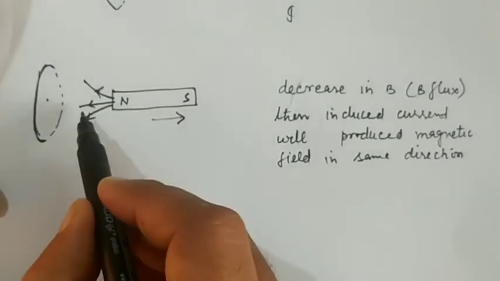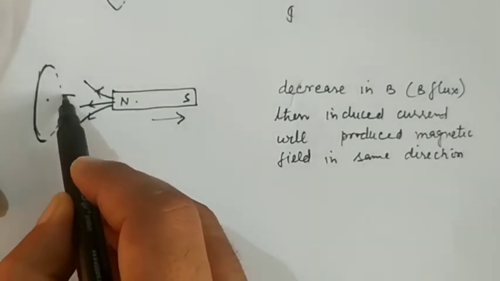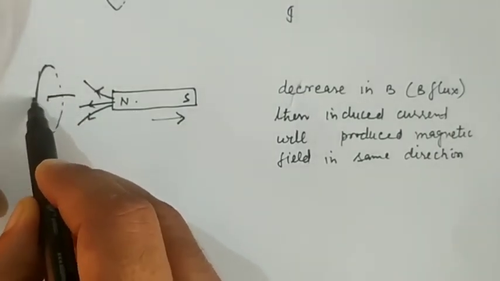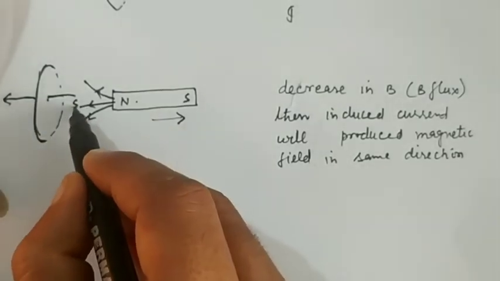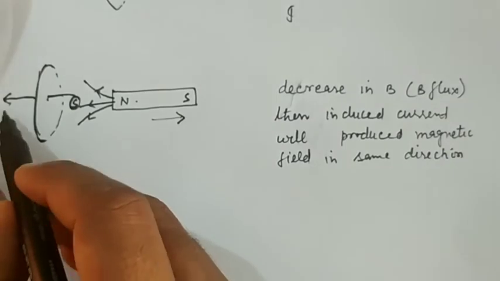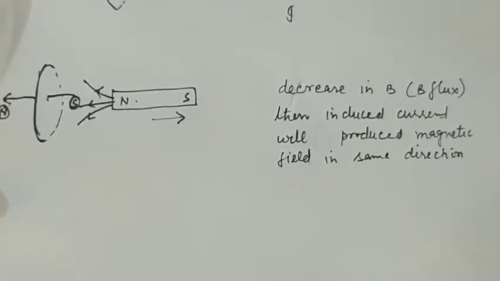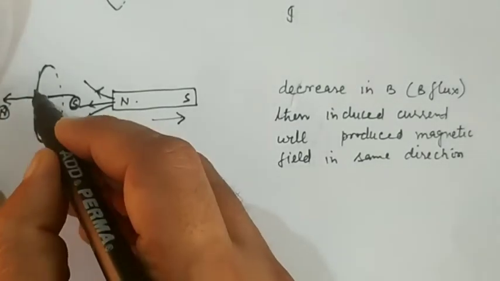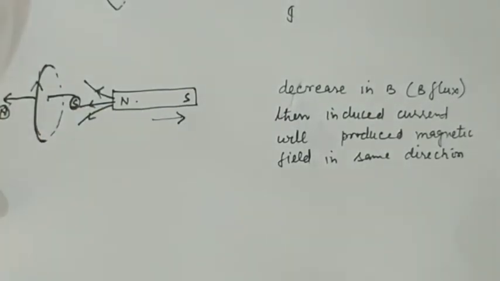This is the direction of magnetic field by this magnet, so the direction of magnetic field induced by this loop will be along this direction. That is, here a south pole is induced and here it will be the north pole. Again, if the thumb is the direction of magnetic field, curling of fingers gives you the direction of induced current, along this direction.